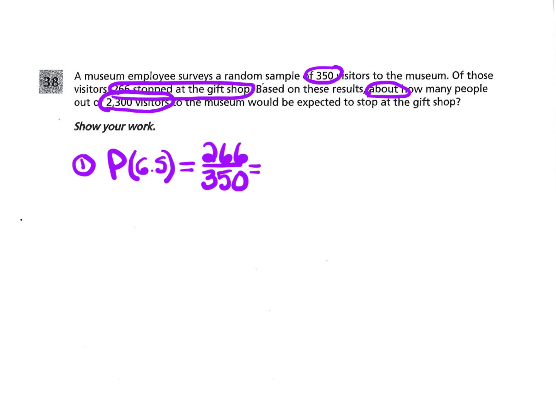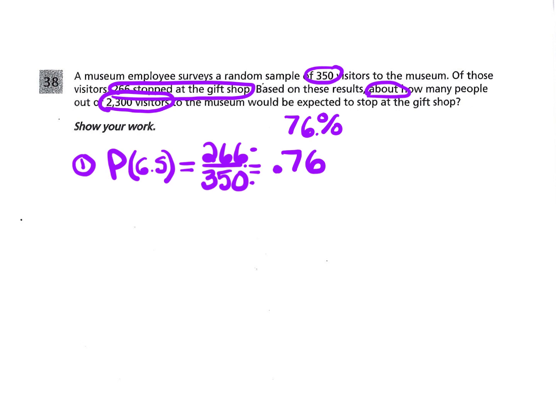Now divide and convert it to a decimal rate. Punch in 266 divided by 350. We get a rate of 0.76, or basically 76% visit the gift shop.